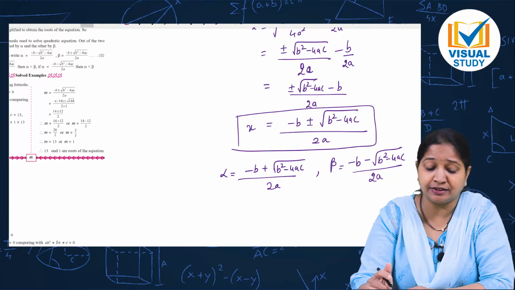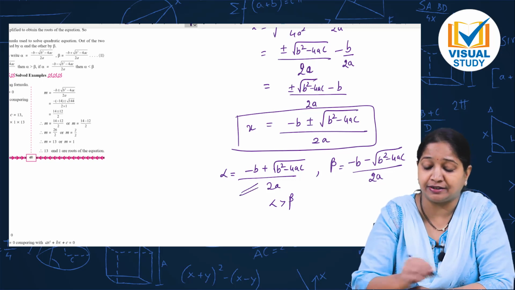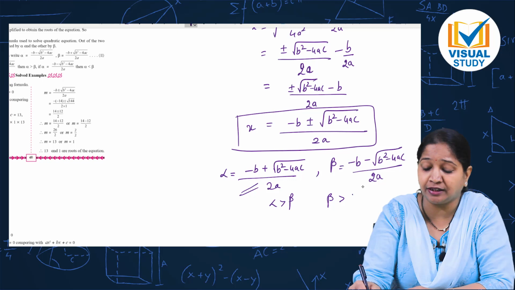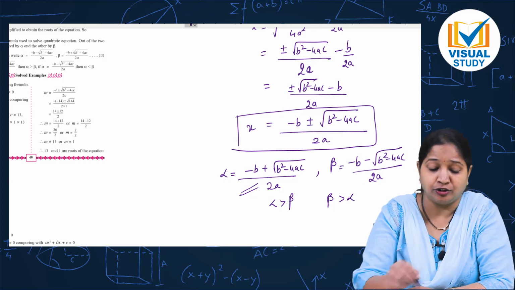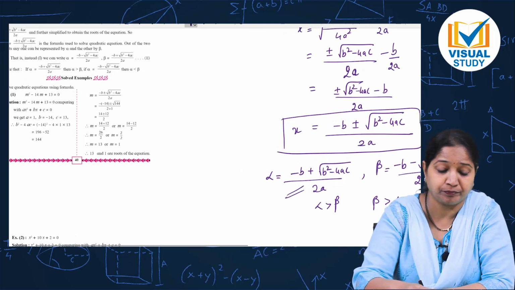If your alpha is greater than beta, then your alpha will be this. If your beta is greater than alpha, then your beta will be this. Okay.